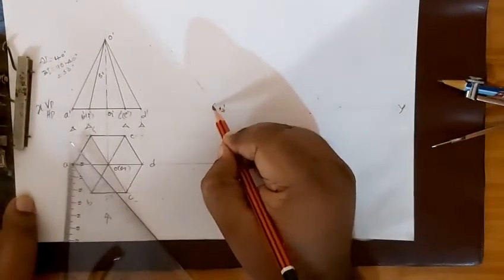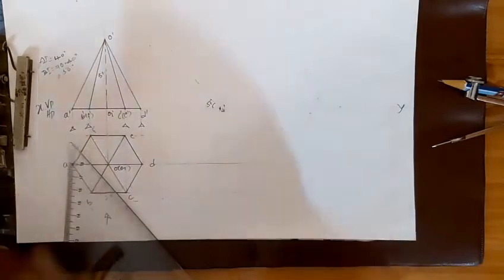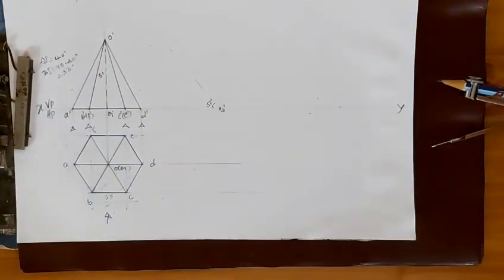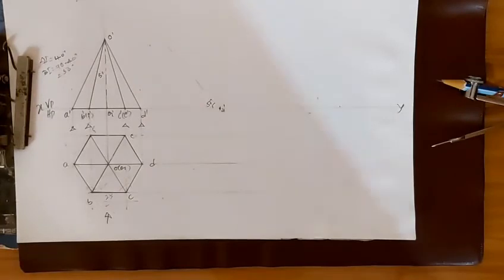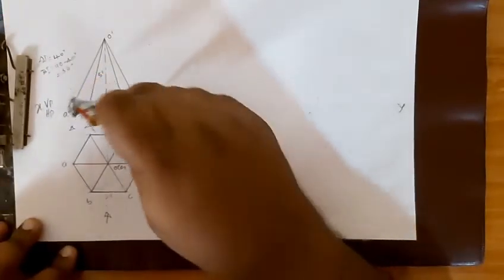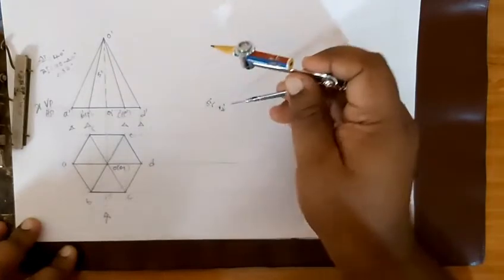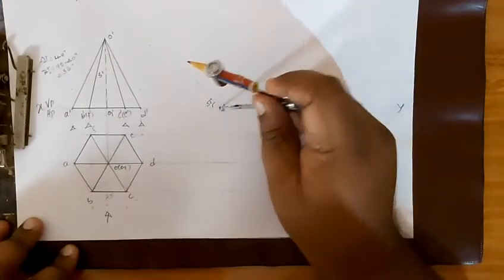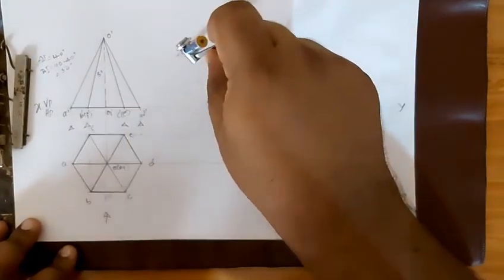We have taken 50 degrees, but the axis inclination is given as 40 degrees. Now we will cut that by the D dash to A dash distance, keeping the D dash point.